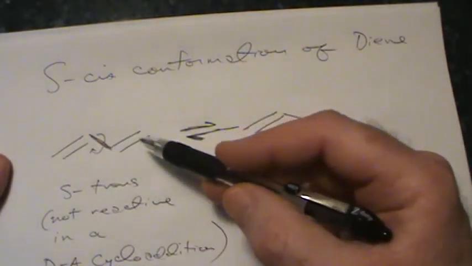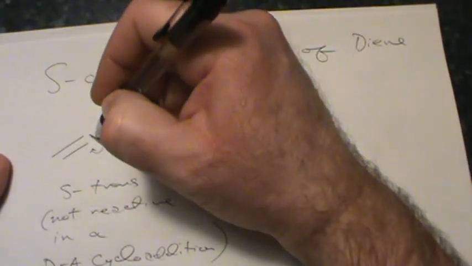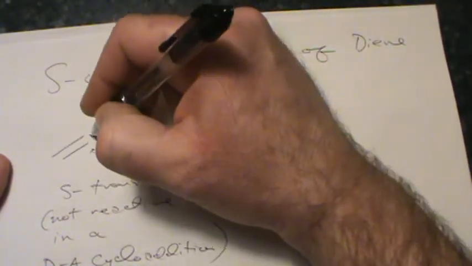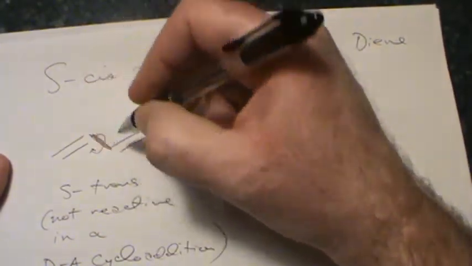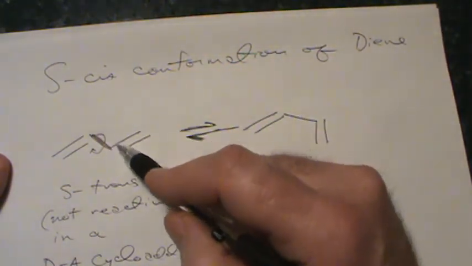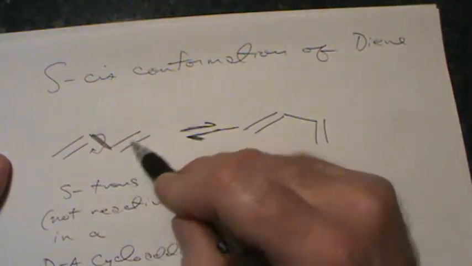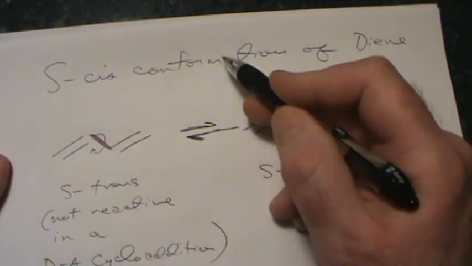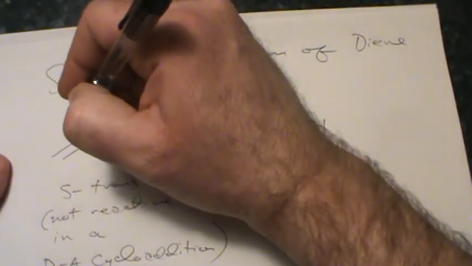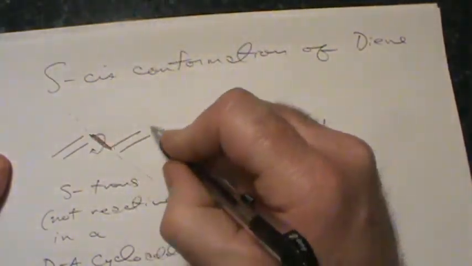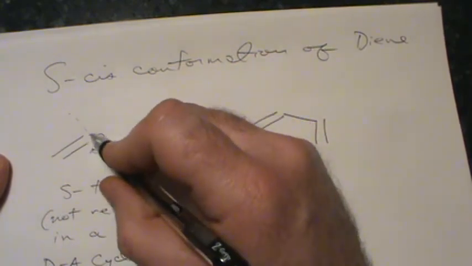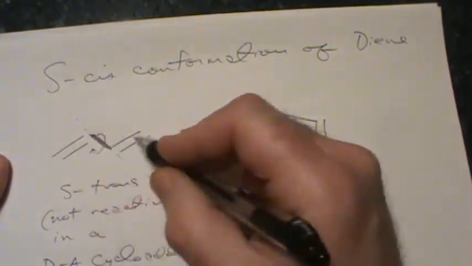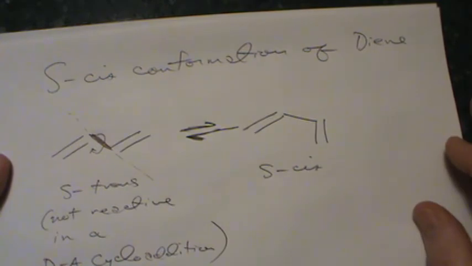This is the S-trans conformation. Why cis and trans? Well, we're talking about S, which means single bond. It's whether it's cis or trans with respect to this single bond. You can see we've got one alkene pointing in this direction on this side of the single bond here. If I drew a line through that single bond, the alkene is on one side of the single bond and this alkene is on the other side, so this is S-trans.